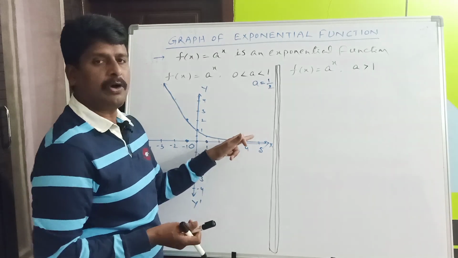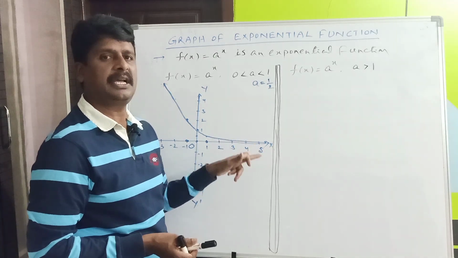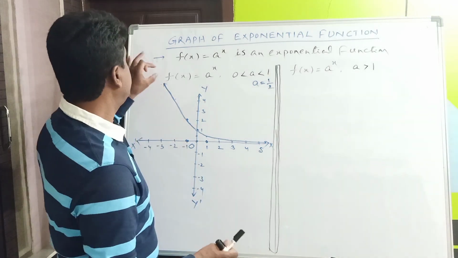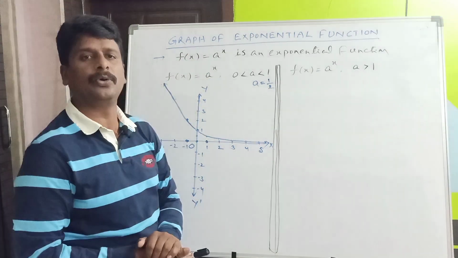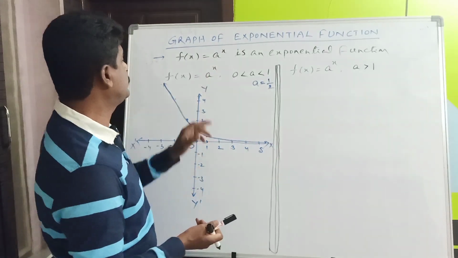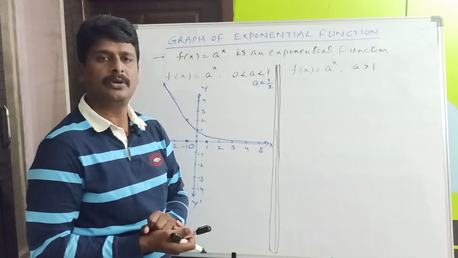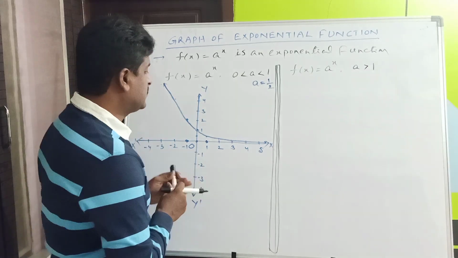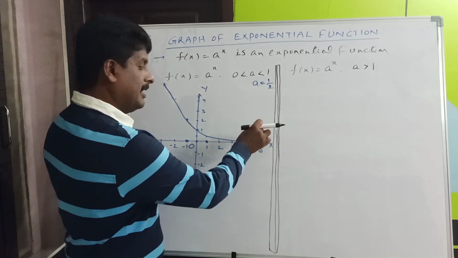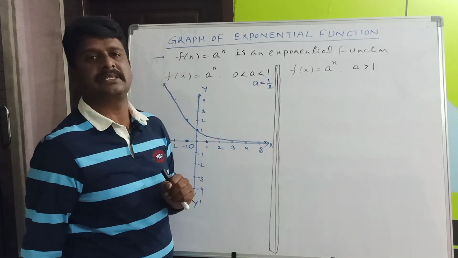When we say that the graph touches or intersects the x-axis, for a certain x value, f(x) is 0. Does there exist any x value such that a^x = 0? No. So that's why the graph never touches or intersects the x-axis.